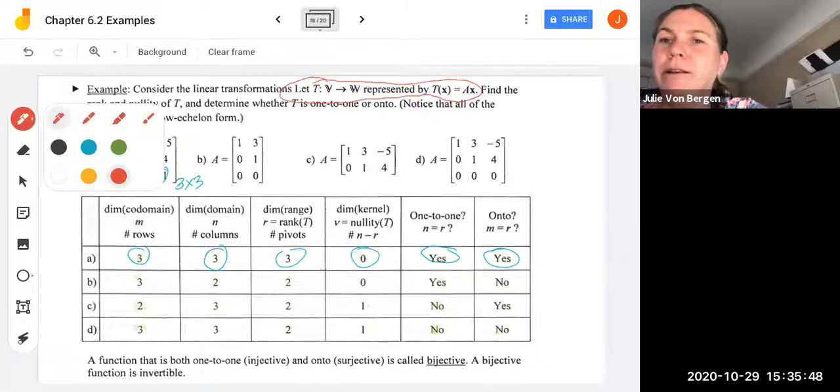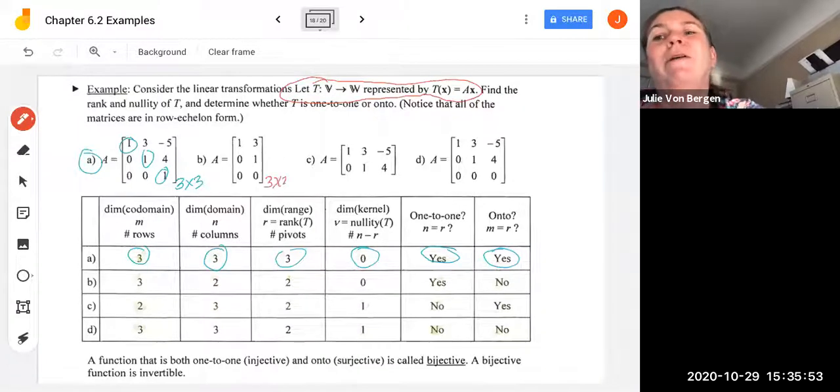All right, let's take a look at the next matrix. That's a 3x2 matrix. So we know right away it's not going to be 1-to-1 and onto. So the number of rows is the dimension of the codomain. So that's a 3. There are 2 columns. So that's the domain. So this would map from R2 to R3.